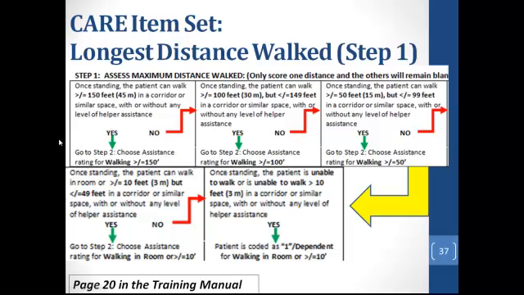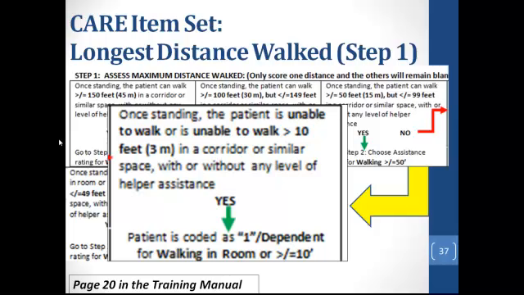This algorithm is also on page 20 of your training manual. Essentially, you should determine the best score using these steps. First, ask yourself, how far did my patient walk? Then ask yourself, how much assistance did they require? So if your patient walks less than 10 feet, then you are done.